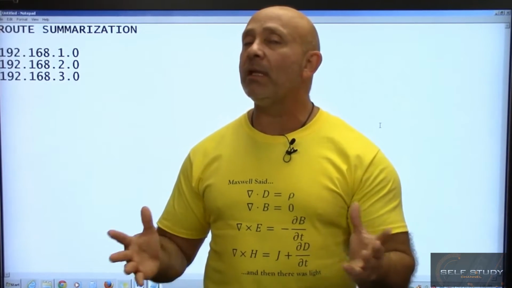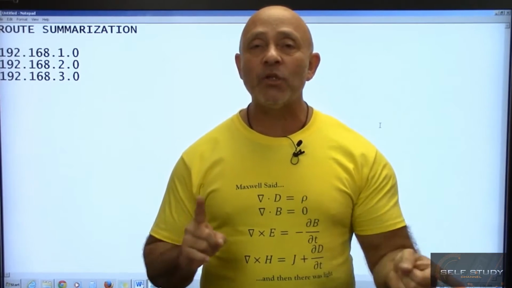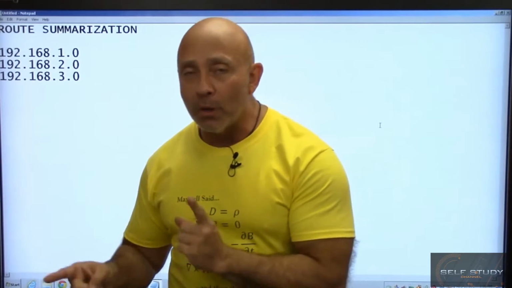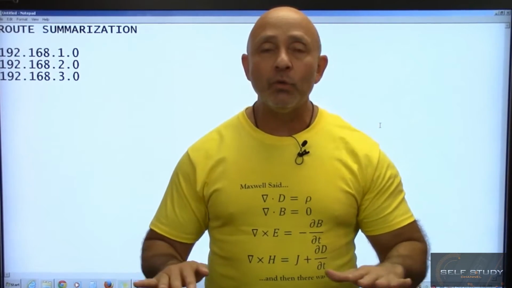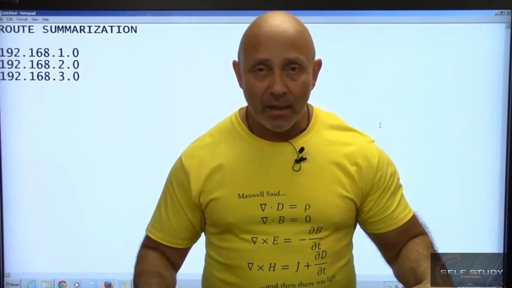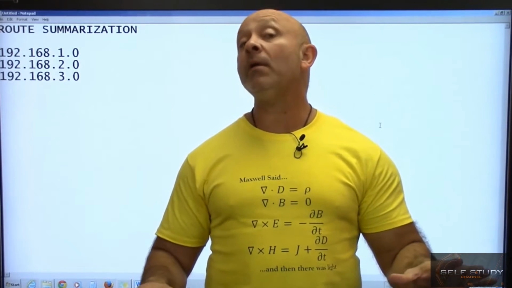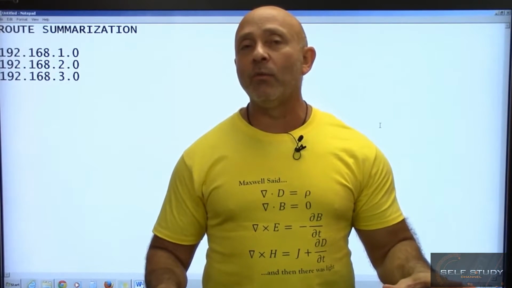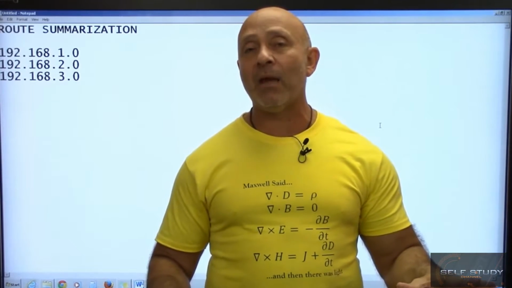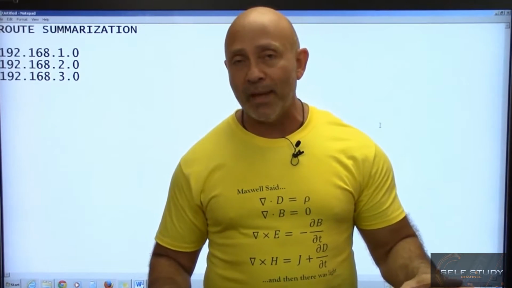Now I don't want to get too detailed, because we're not talking about routing protocols, but I want to make a distinction that the no auto summary command and route summarization are two separate entities. Because if you do not put no auto-summary in EIGRP or RIP version 2, and you're running an entire network with a class A or a class B, it will not know where to send the information.